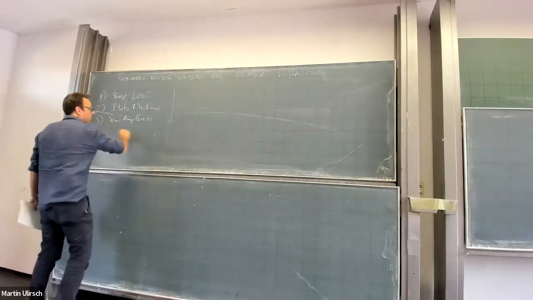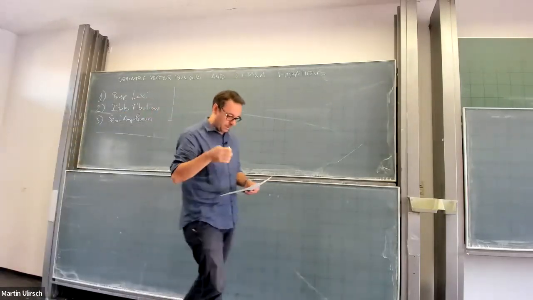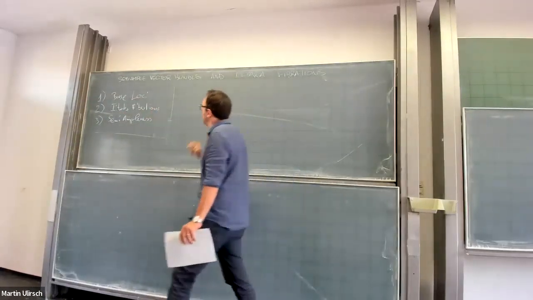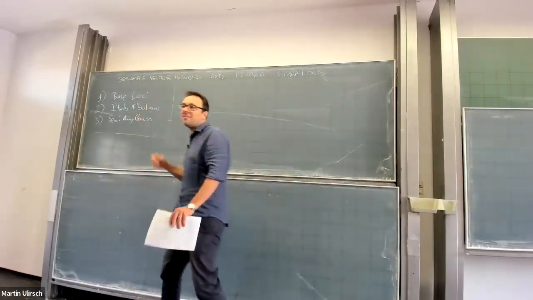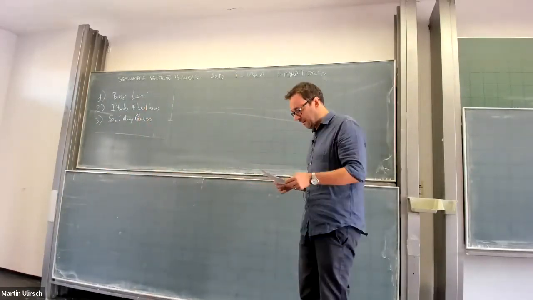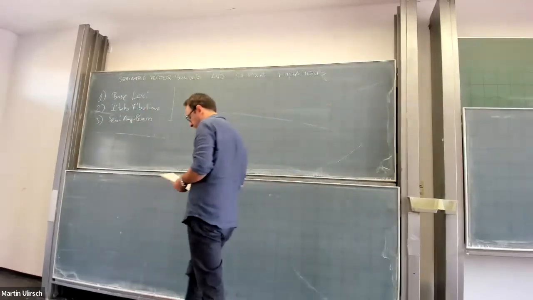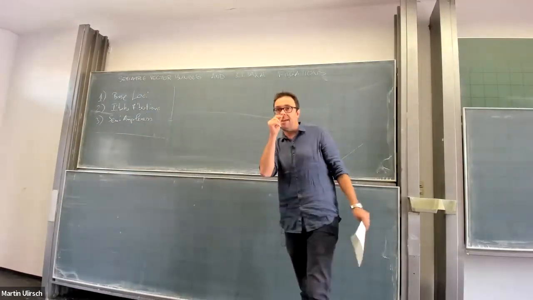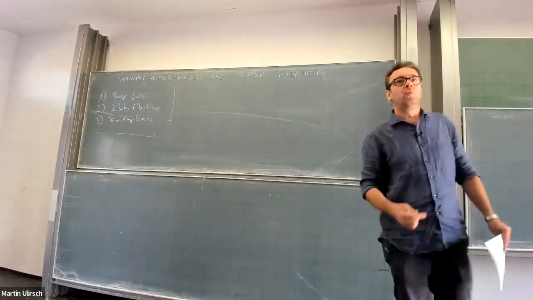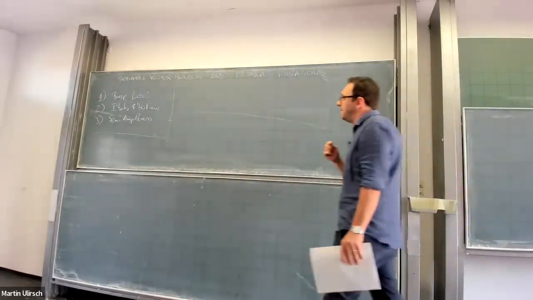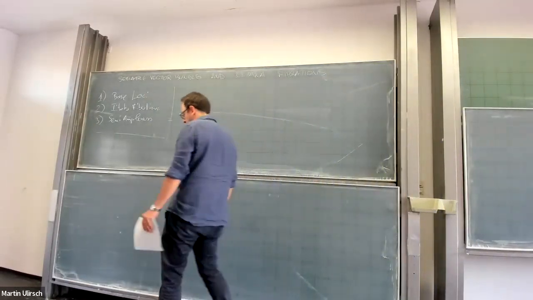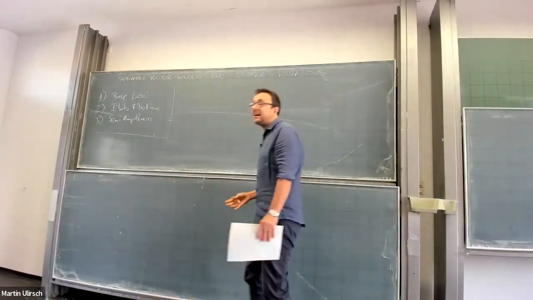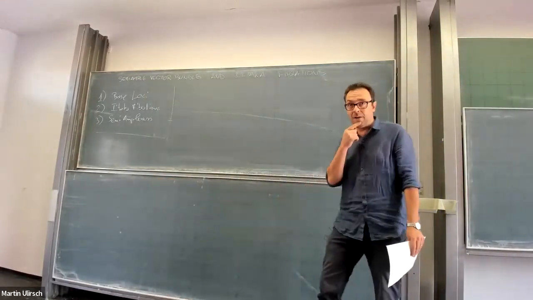So just some motivation. This has been a long time. In the last years, I've been thinking about this kind of thing for various reasons. But the original one was that I was working with Stefano Urbinati, and I was asking him, what is the right generalization of, let's say, numerical equivalence, but for vector bundles?